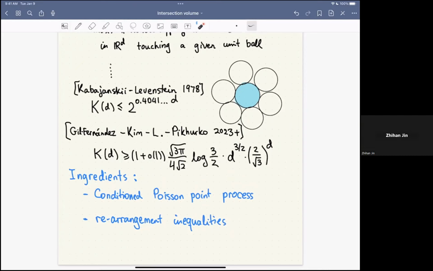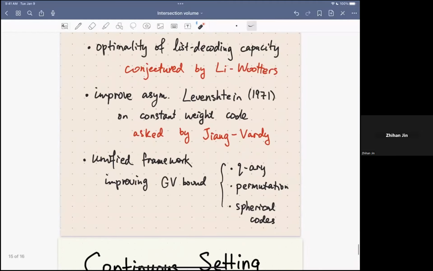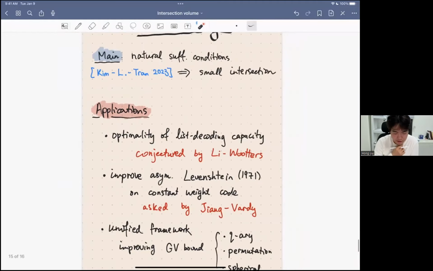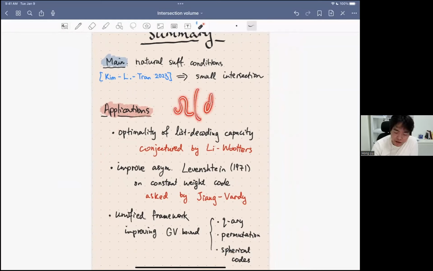Could you go to the main result of the lower bound, like the page before? Like the final bound you get for error correcting codes. Oh, so basically in all these results, what you get is a factor that's linear in the dimension.